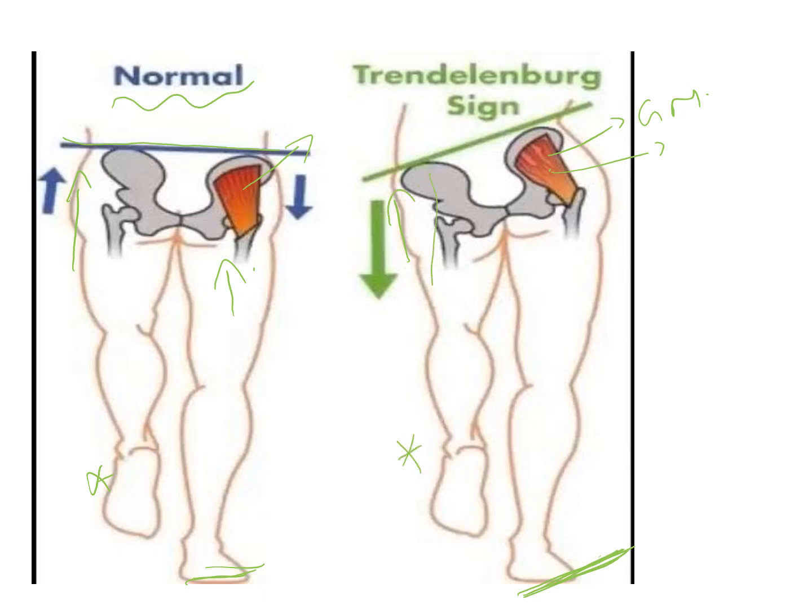Thereby, the pelvis of the unsupported side tilts down, and such patients will have a gait which is called the lurching gait. So that is about the Trendelenburg sign. It is positive when the gluteus medius and minimus are paralyzed.